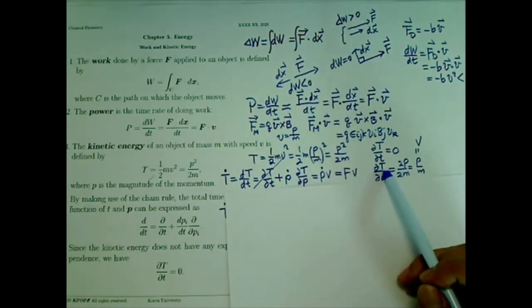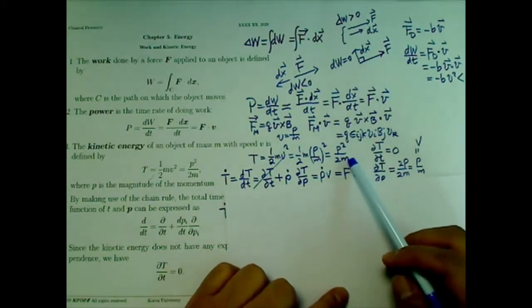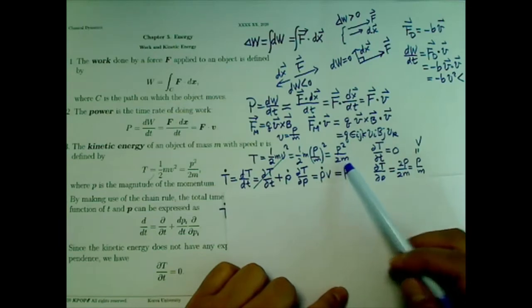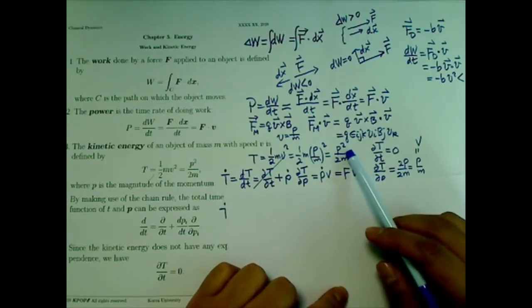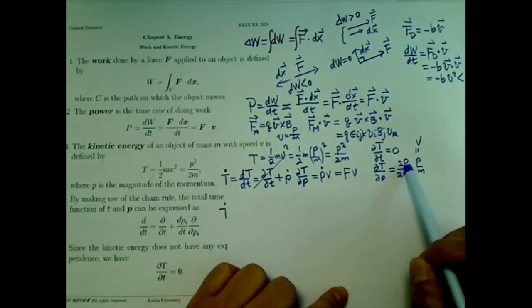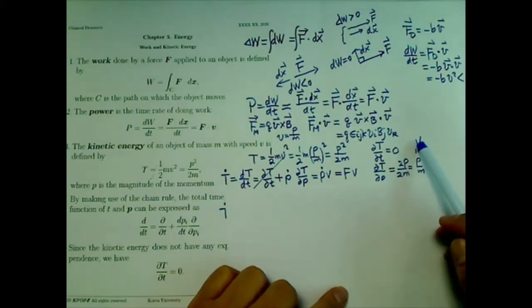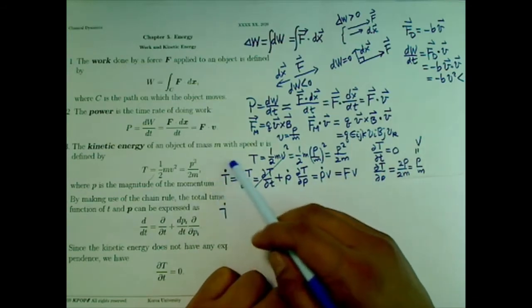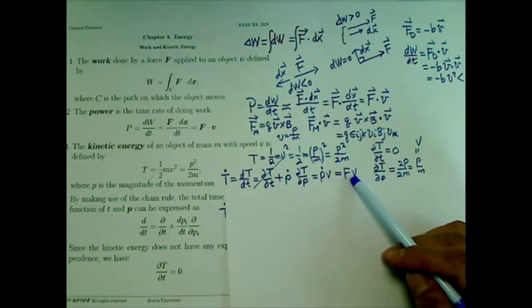Because T equals p squared over 2m, the partial derivative of p squared with respect to p should be 2p. Thus, we have p over m, that is the velocity. So, as a result, the time derivative of kinetic energy is Fv.